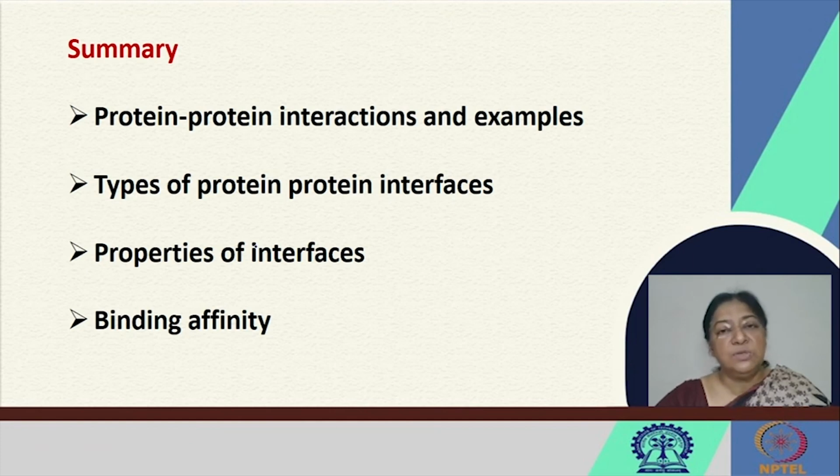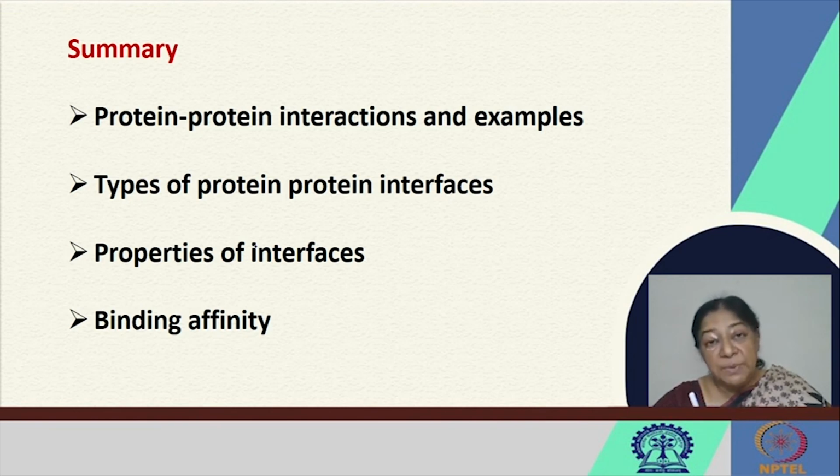So what we have looked at are the types of protein-protein interfaces, what comprises the interfaces, what residues are likely to be in the interface, and what accessible surface area we might lose.